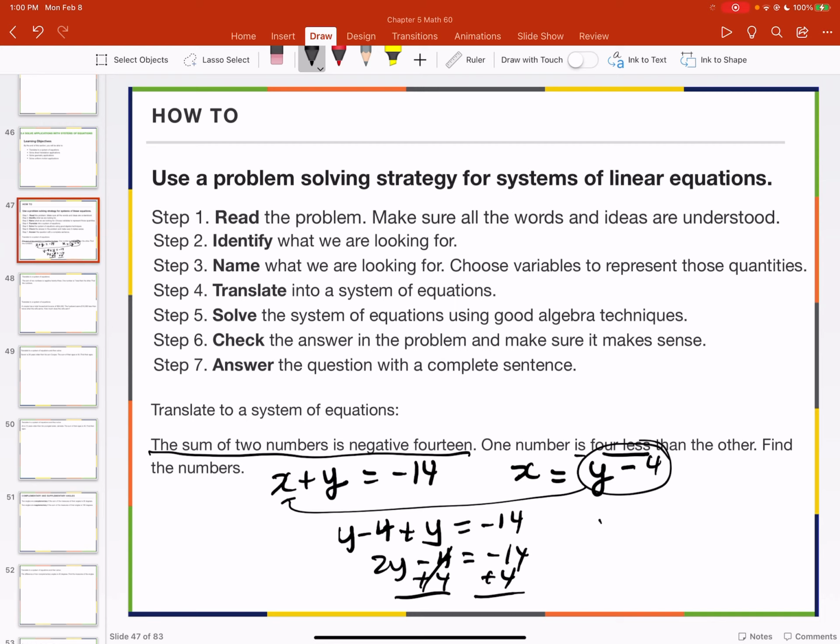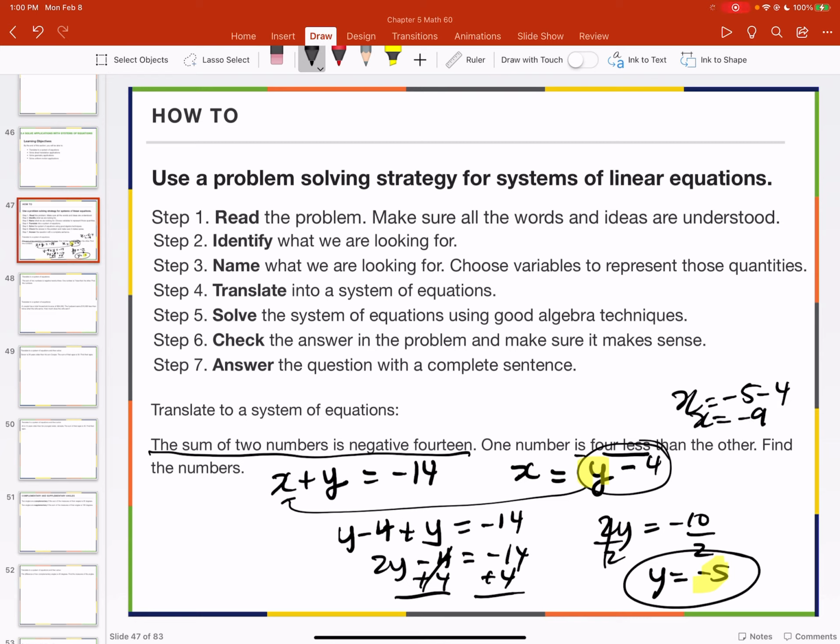And then 2y is equal to negative 10, divided by 2, y is equal to negative 5. Then x, plugging it in here, x is equal to negative 5 minus 4, that's equal to negative 9. So that's our two numbers, negative 9 and negative 5.